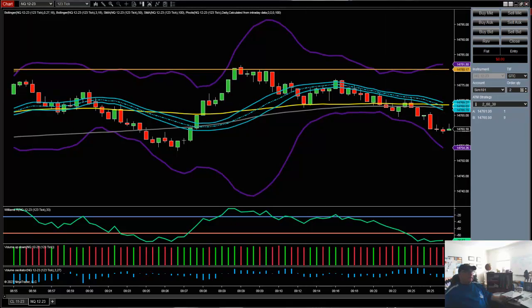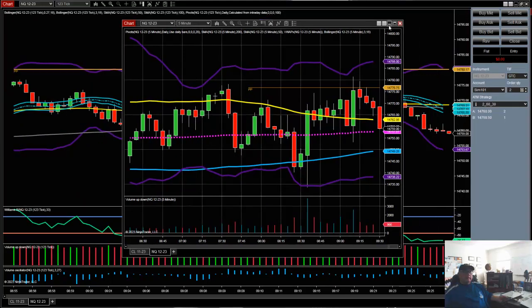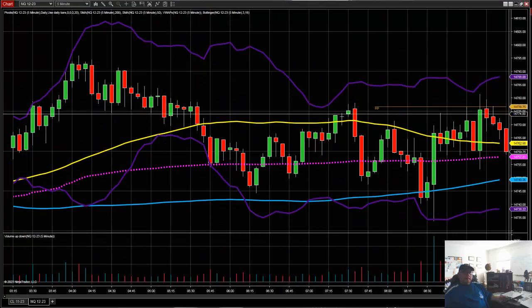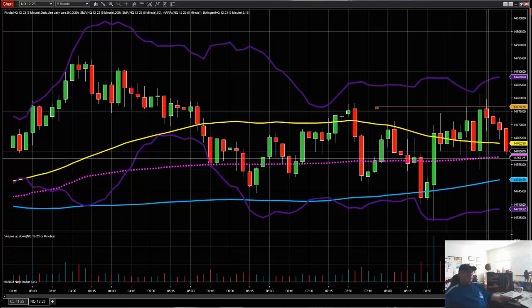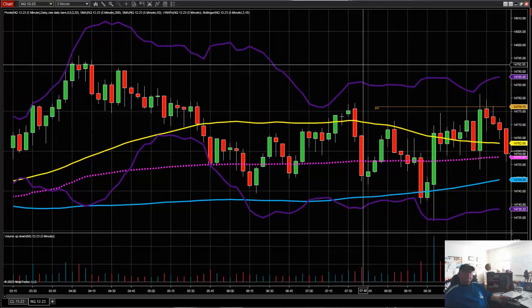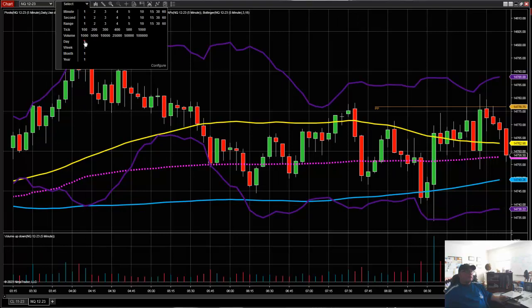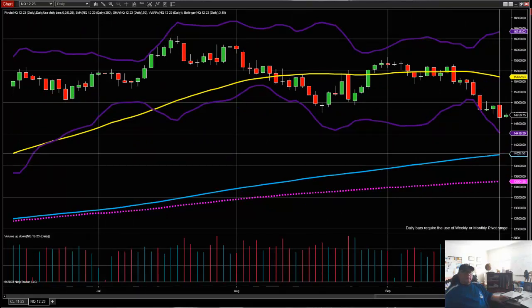We looked at the 5-minute chart. We've got the VWAP right there. Definitely downward pressure here. Over 200 bar down here.